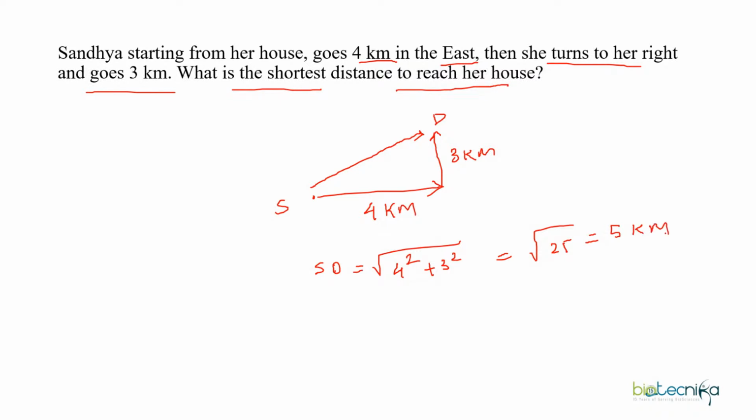Okay, simple, easy. So without drawing the diagram also, in any question, if it is asking you to find out the shortest distance, and the question is straightforward, that means it is not taking any turns, or like in this particular question it only said two directions, east and north, you can directly calculate 4 square plus 3 square, which will be 25, and take out the root, that is 5 kilometers.